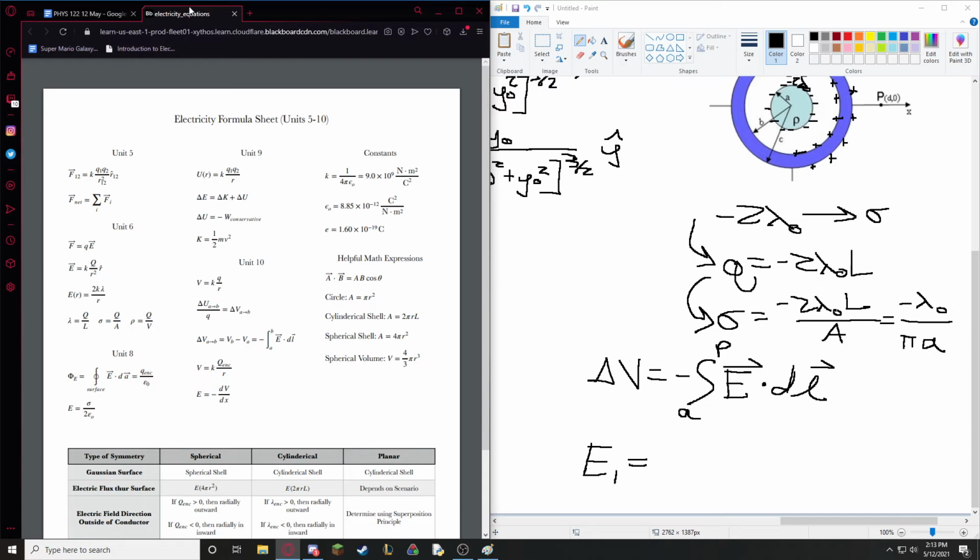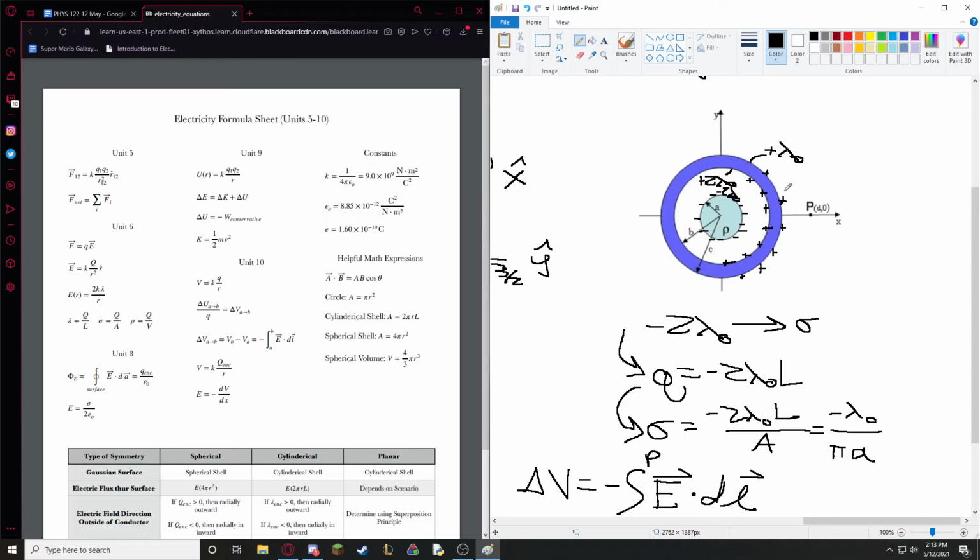So then our electric field, lambda in this case is negative 2 lambda naught. So we have negative 4k lambda naught over r. And so now what's our electric field between B and C? Inside our conductor? 0. It's a conductor.